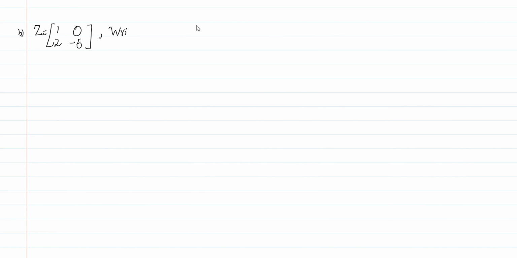Now write the order of matrix Z. Now look, in this there are one column, two columns, one row and two rows.